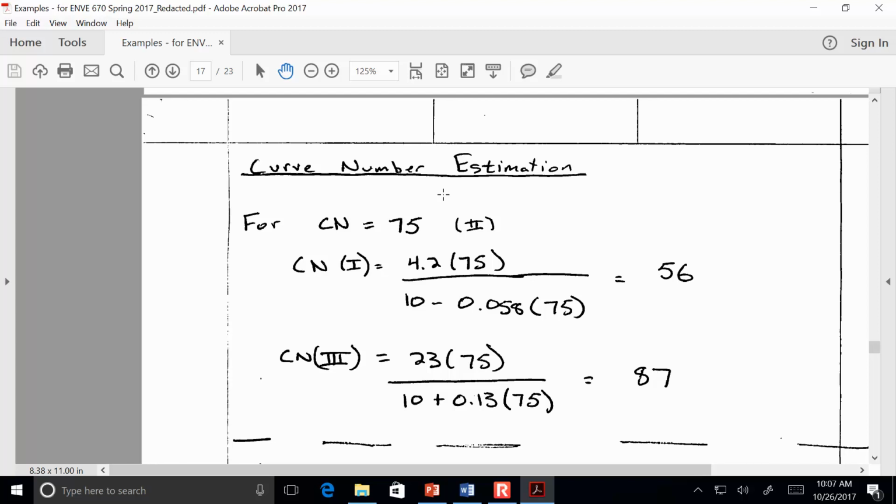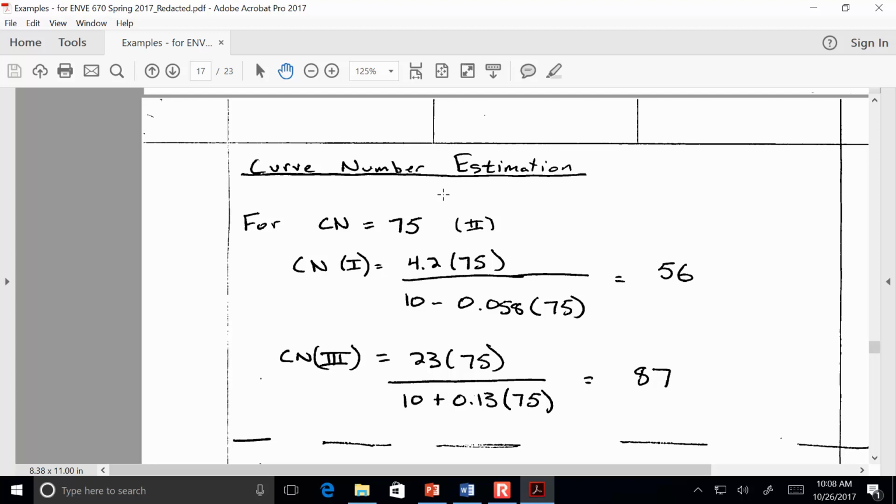All right, so S will be 7.86, and so then the precipitation excess is 3.75 minus 0.2 times S, all of that squared, over 3.75 plus 0.8 times S. S is 7.86.